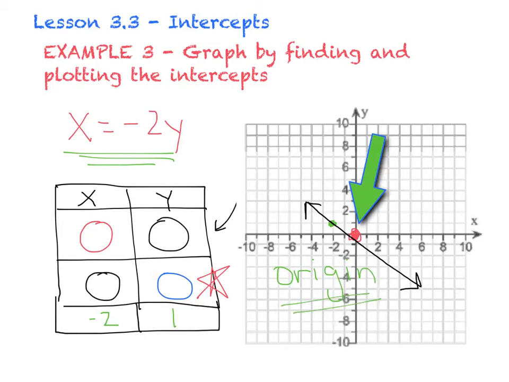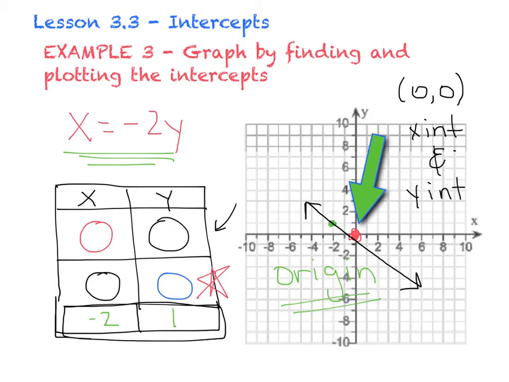So what we have to notice is that 0, 0 is both our x-intercept and our y-intercept. And like I said, that won't happen that often. This is a unique case, but it can happen. And if it does, you'll have to add one more line to your table, like we did down here, and you'll have to find another point.